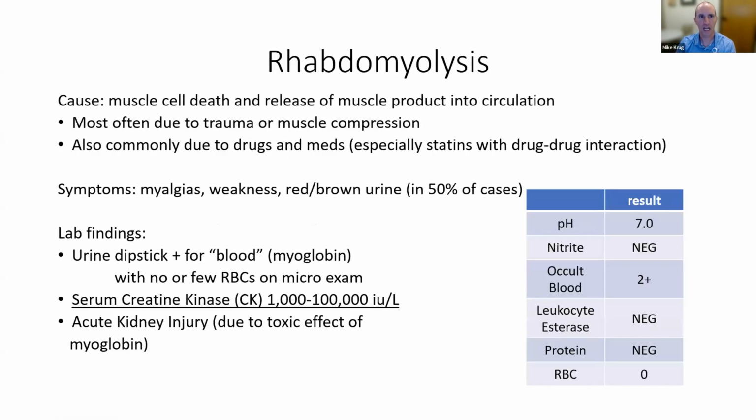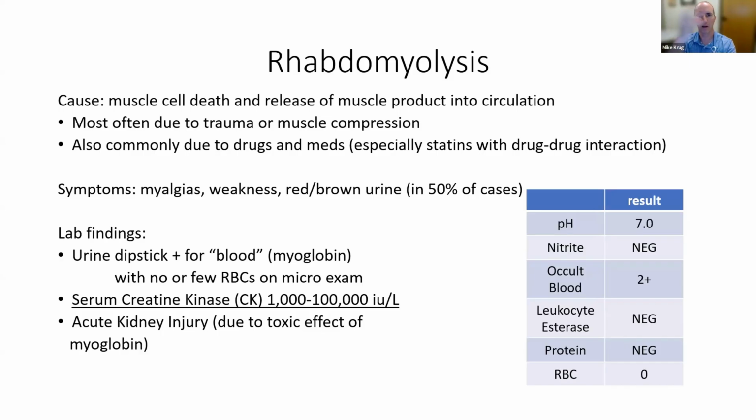Okay, this person has rhabdomyolysis. That's why the CK is the right test. What is rhabdo? Muscle cell death, right? The muscles get either killed by a toxin or overexerted or crushed in this case or squeezed. They release muscle products into circulation.